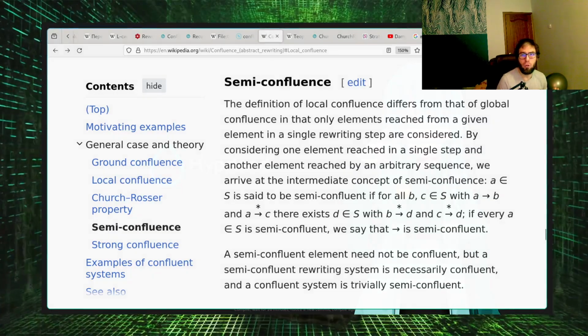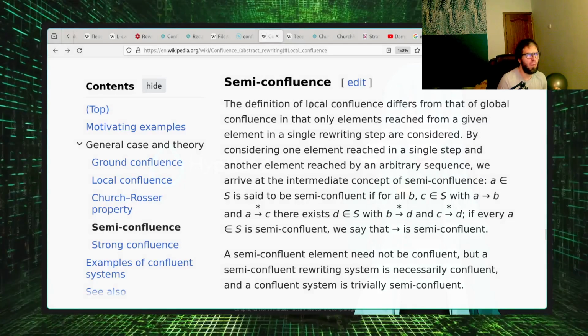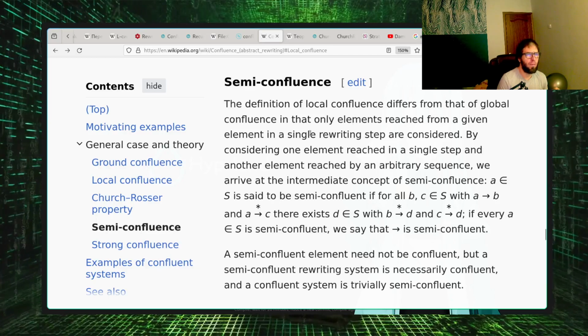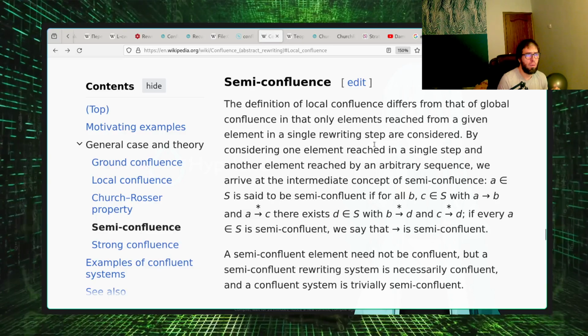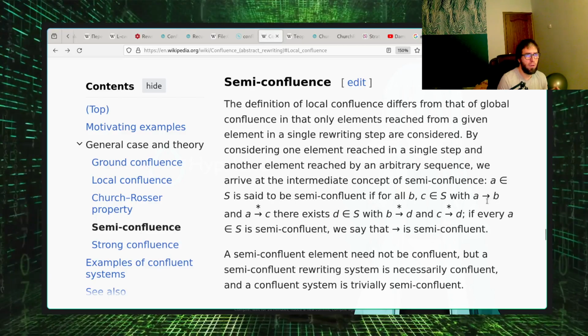The notion of semi-confluence. This definition differs from local confluence, and the constraints look like this.